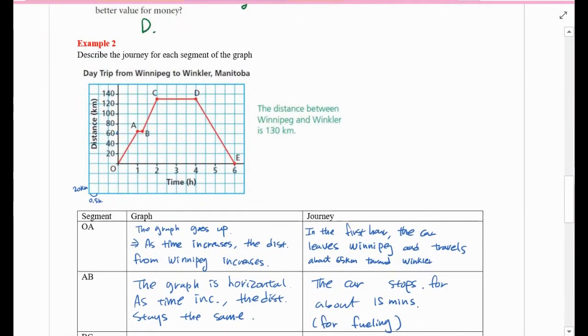Okay. For how long? So it's a little 1 box and half box. That means it's 45 minutes. For the car was moving for 45 minutes.